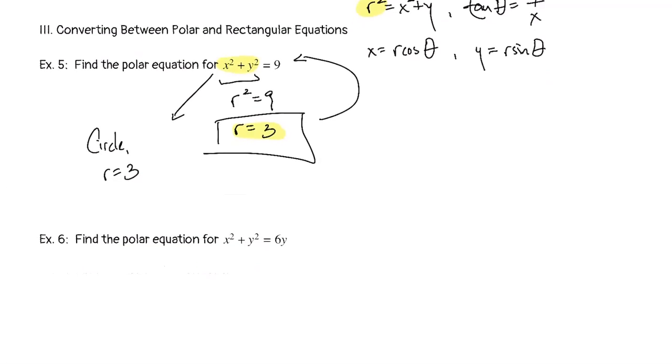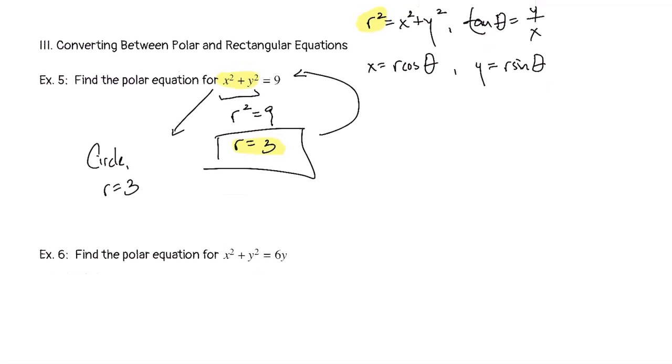All right, so let's try and do some substitutions for example number 6. Should we try the same strategy, replace x squared plus y squared with r squared? Should I divide the y for both sides? I wouldn't.